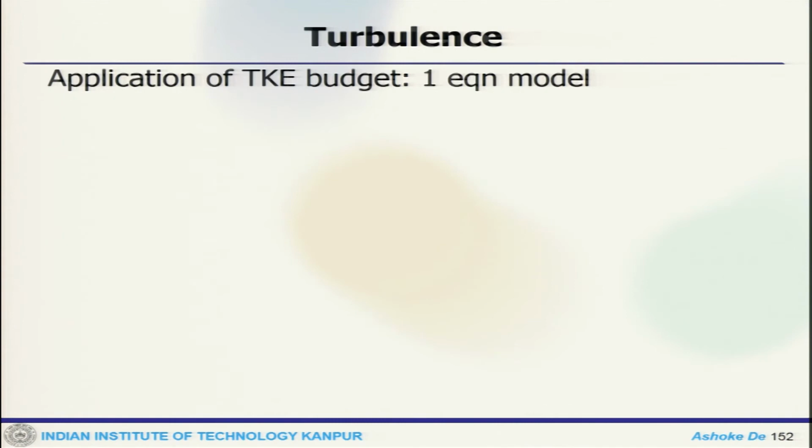So, we can apply this turbulent kinetic energy budget for a one equation model. The macroscopic velocity scale u is square root of k and the macroscopic length scale is Lm, which gives nu t equals ul, which is c prime mu root k Lm.